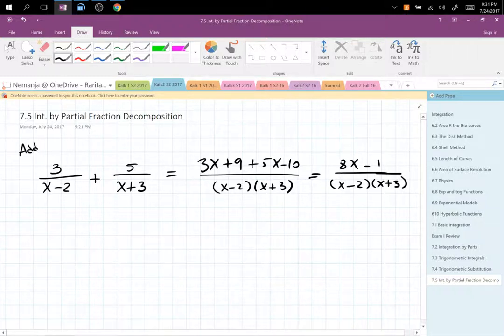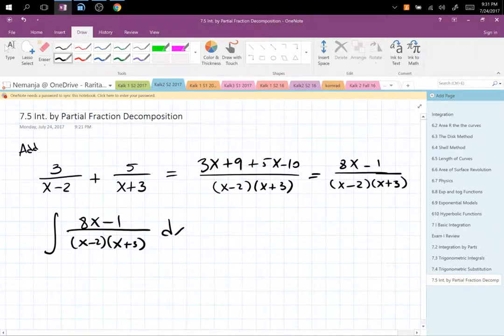Now we're moving on all the way to calculus, and you encountered a problem that says integral of (8x minus 1) over (x minus 2)(x plus 3) dx. And clearly U substitution doesn't work, integration by parts doesn't work, trigonometric substitution doesn't work, the black magic doesn't work.